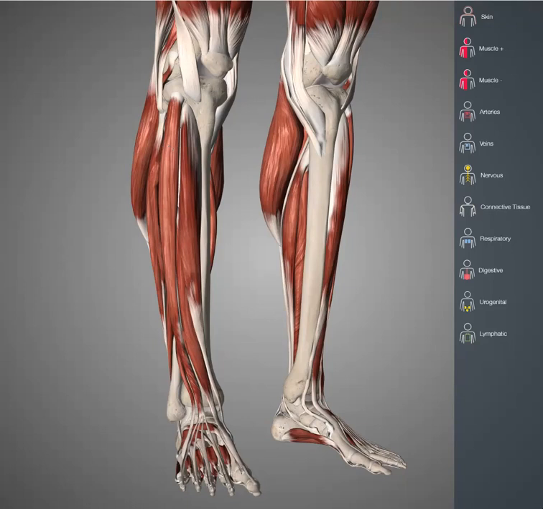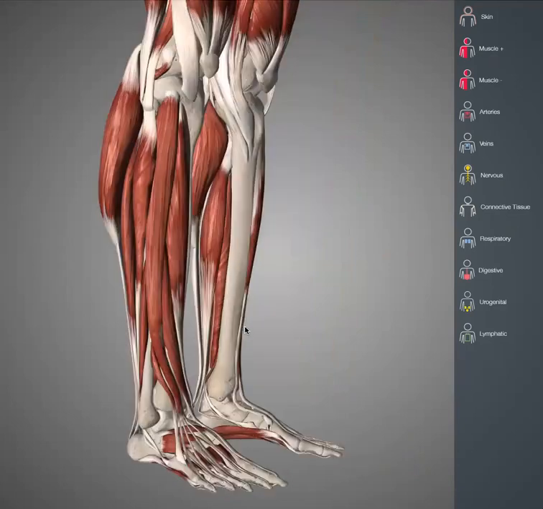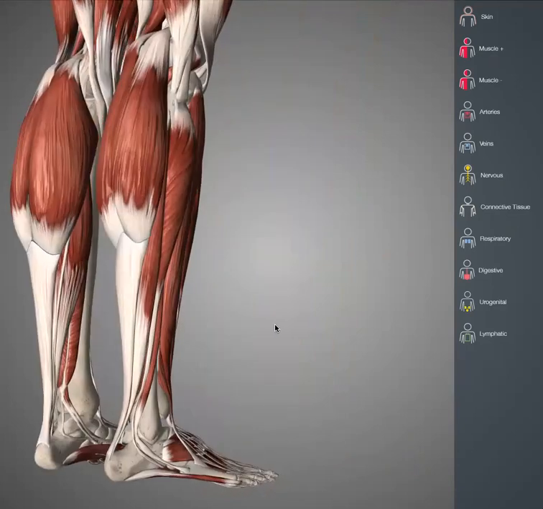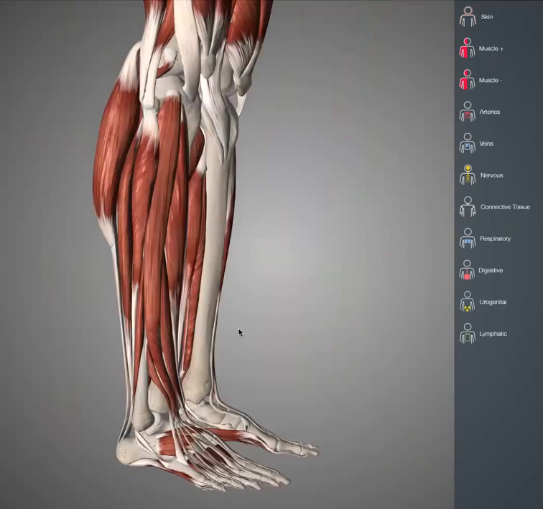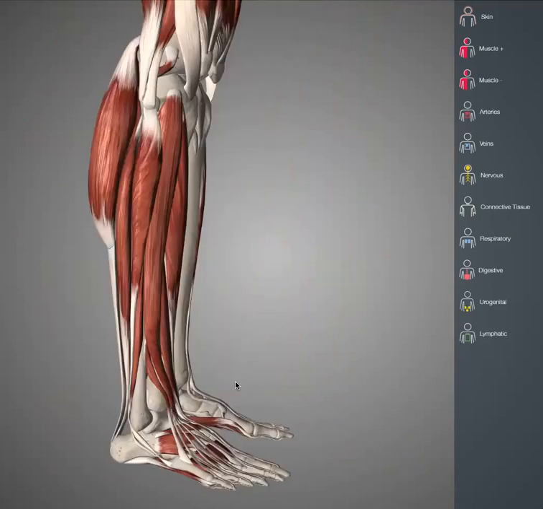First, we have the anterior compartment. The anterior compartment here is a group of 4 muscles that act to dorsiflex and invert the foot.